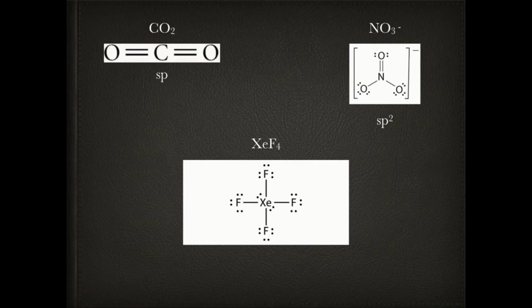So my hybridization is going to be sp3, so that's a total of 4 electron domains, d2 to make a total of 6 electron domains. So the most that you can have as far as an expanded octet is concerned, you can have 6 electron domains, and so the greatest that you'll see is sp3d2 as far as hybridization is concerned.